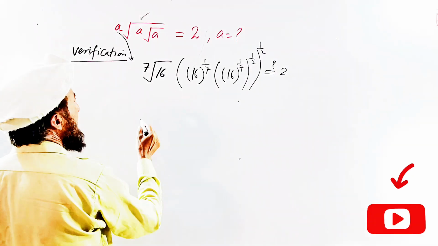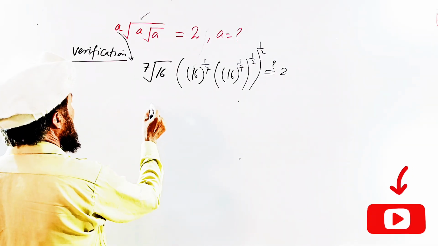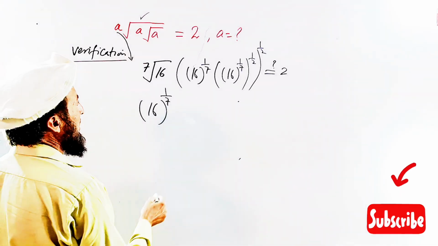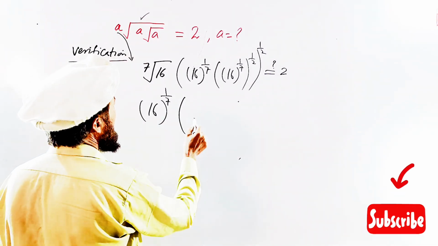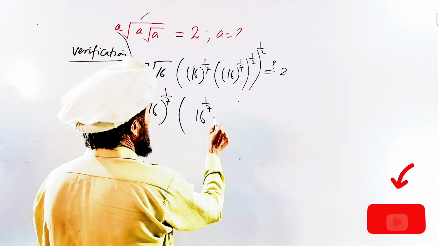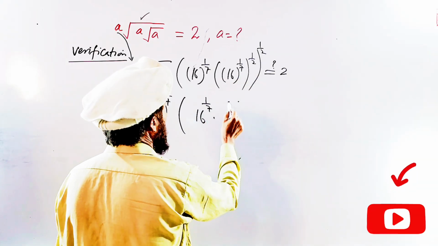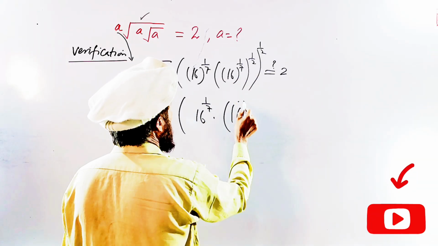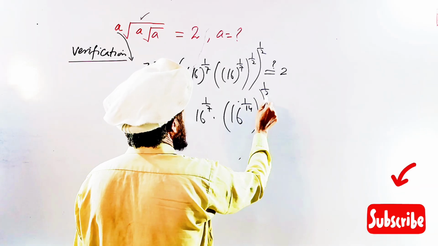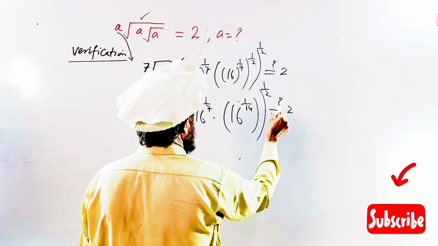So we can write this in exponential form: 16 to the 1 by 7, and here first we multiply, 1 by 14 as a whole 1 by 2 is equal to 2.